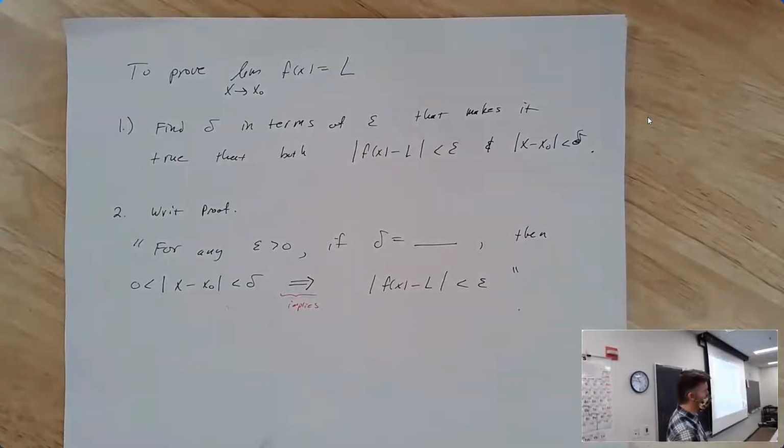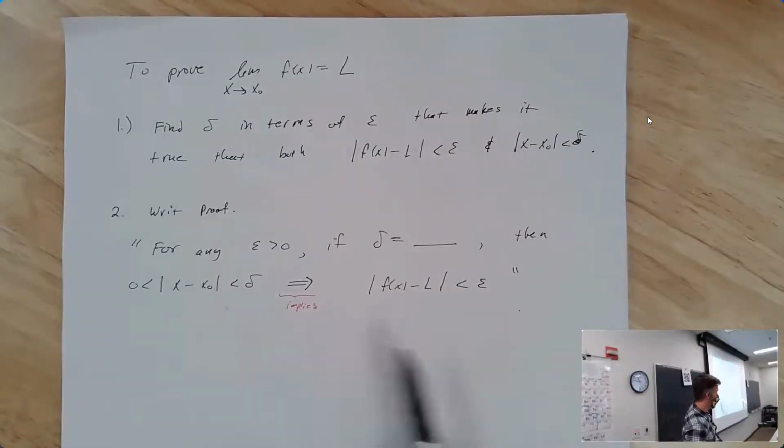That is the most bare bones proof you can write for this. I usually write a few more words than that, but that's the very essence of what you want. That's enough, right? That proves it. What that really says is that if x is close to x naught, then the corresponding function value has to be close to the limit.